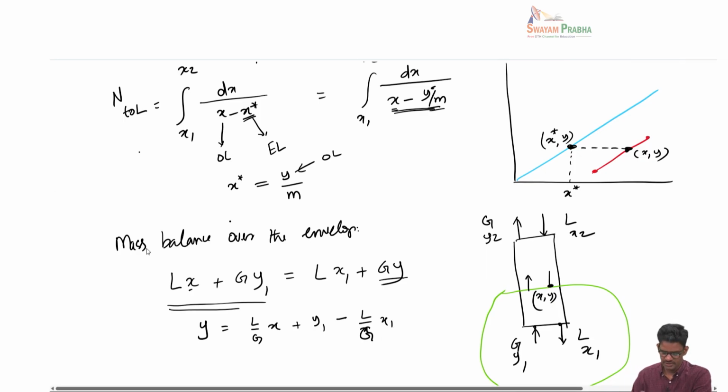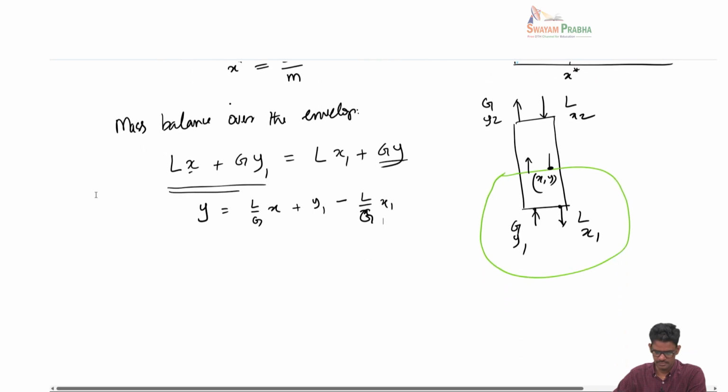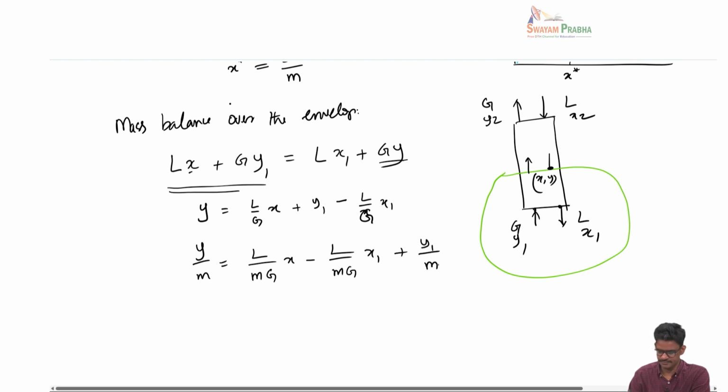What we want is y by m. So y by m is L by mG x minus L by mG x1 plus y1 by m. So what do we call this term L by mG?